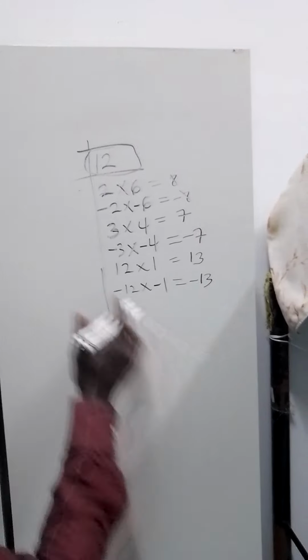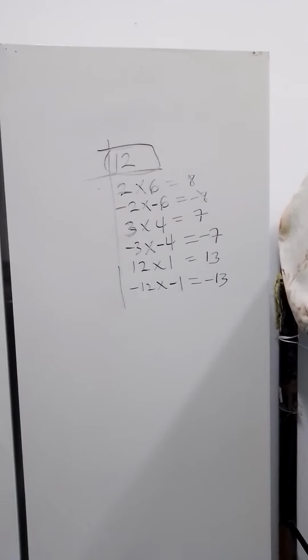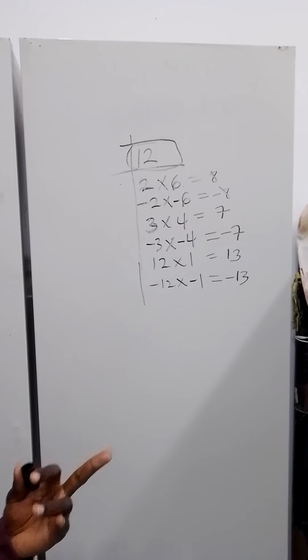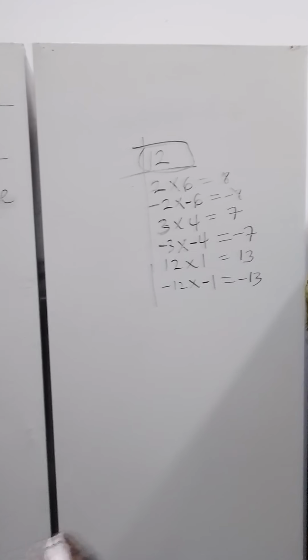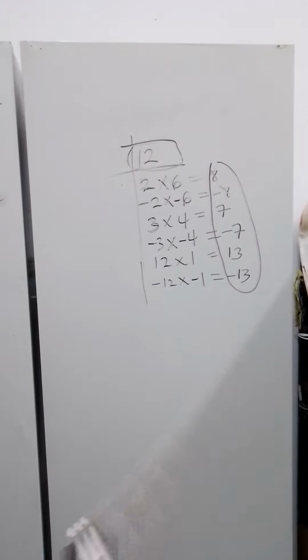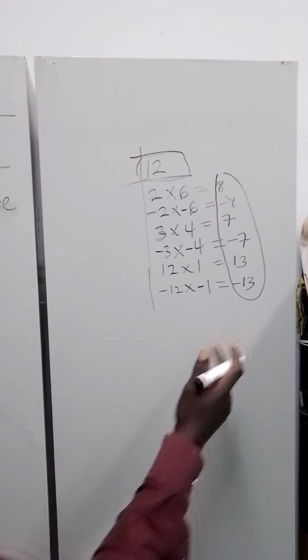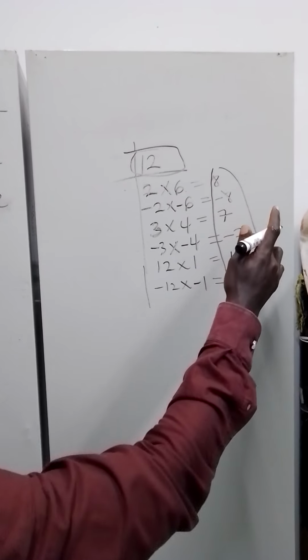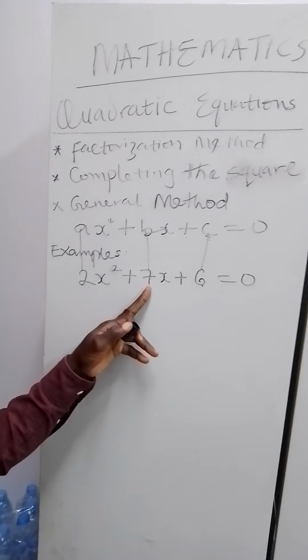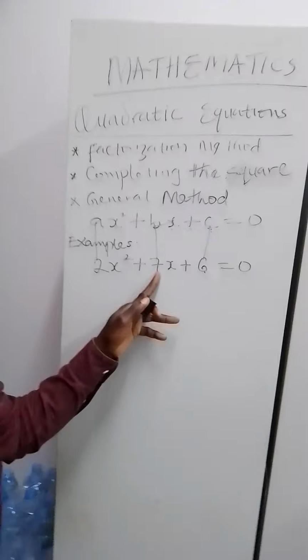Out of all these things we have written here, we are going to take only one. Only one is useful. So how are we going to know which one is useful? Don't forget this is step number 2. From the answers we have here, we are going to look at the one that is equal to the value of B we have in the question. What is the value of B in the question? The value of B is 7, plus 7.